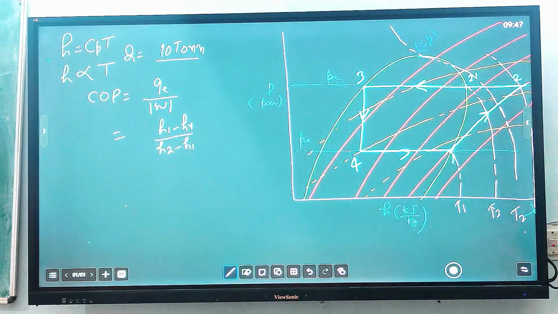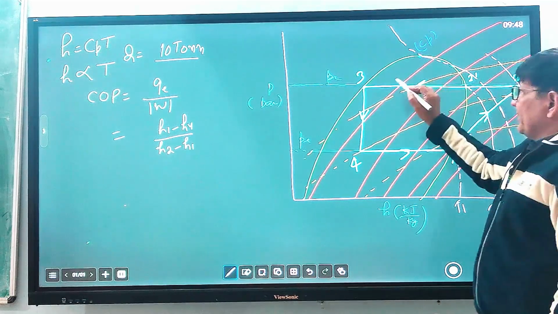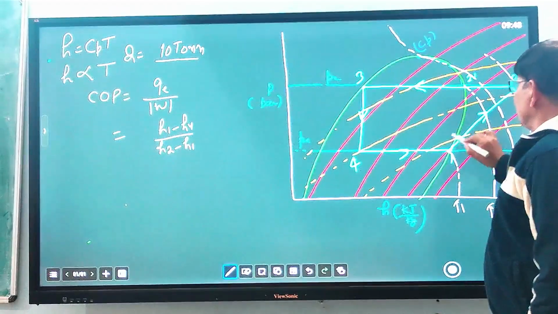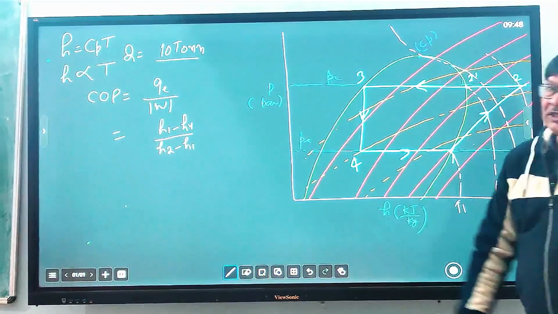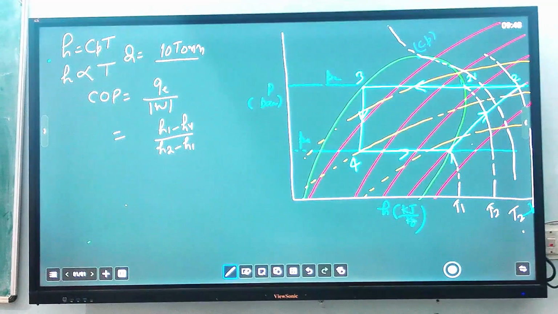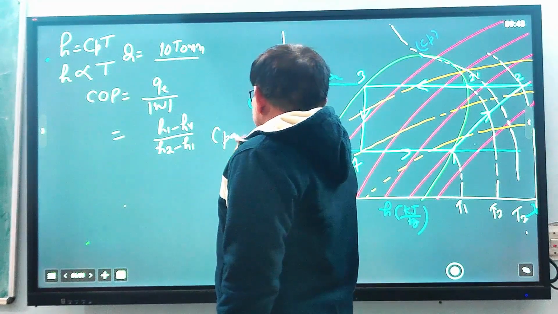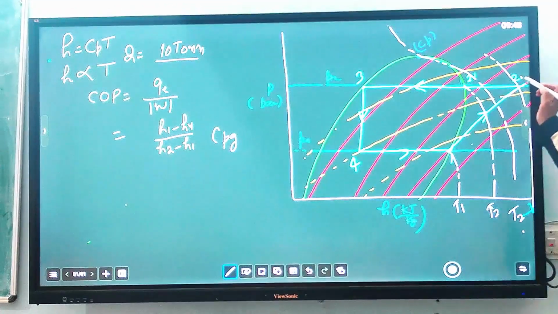And you see in the table what values are given. You will always find a table, because for given temperature and pressure, you will know H3, H1, and H2 dash. All these 4 values you will find given in the table. You will also get CPG in this region, because here the vapor is in gaseous, superheated state.